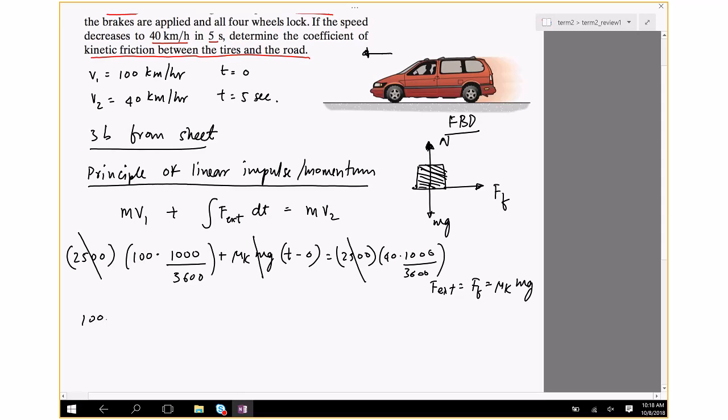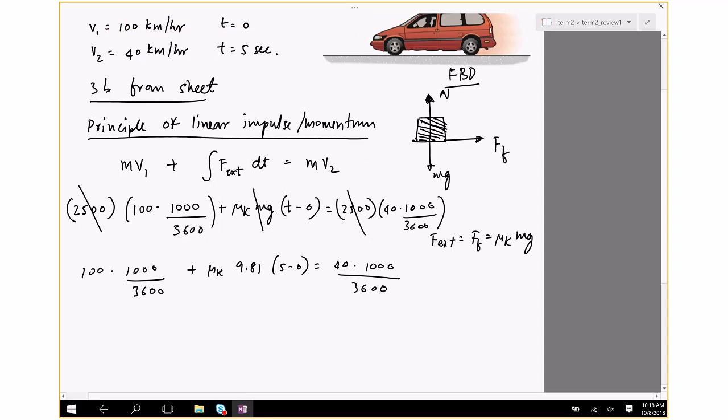So 100 times 1000 divided by 3600 plus mu k, which is a constant, an unknown, times 9.81, times t, which is 5 minus 0, equals 40 times 1000. Okay, so single unknown, and solve for it. Mu k equals 0.34.